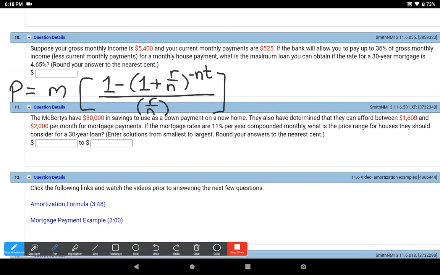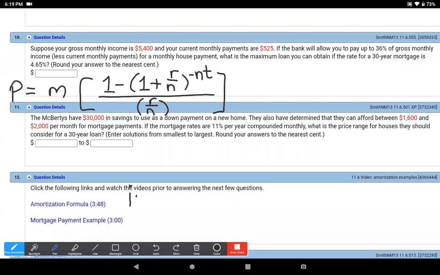Okay, so we've got some work to do. I'm going to list some of our parts out. M is going to be the one we have to figure out, I think. So let's look at what we have. We have a paycheck, right?